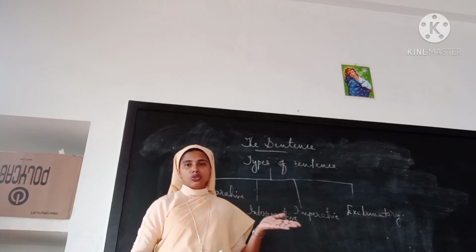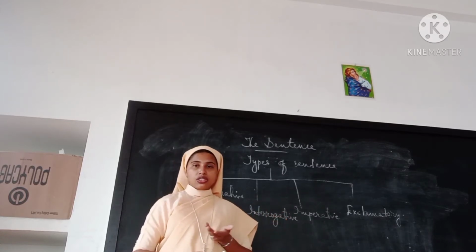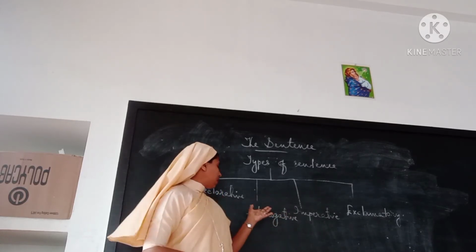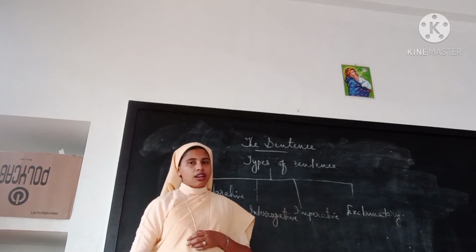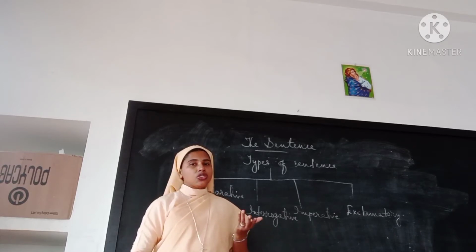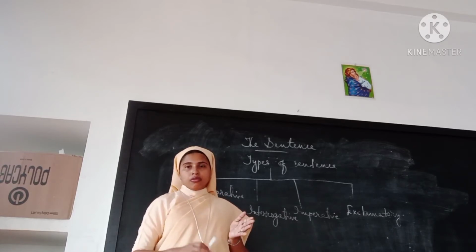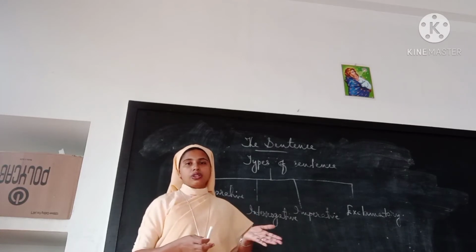Can you change it into a question? Is she a doctor? You can change it to an interrogative sentence. Or she is working at Thrissur. So we can change it into where is she working? So one type of sentence can be changed into another type. Already you have learned it.